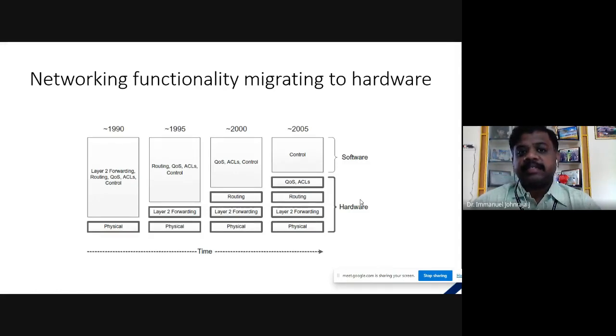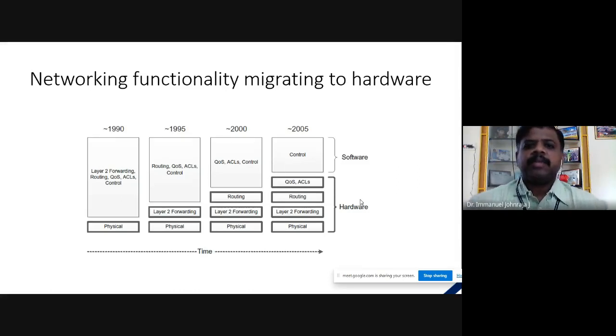During the 1990s, you had only the physical layer working with the hardware, where all the rest were working only with the software. For example, quality of service, access control, routing, switching, all the other decisions of the firewalls and everything were happening in the software, whereas only the connectivity with the physical network was happening at the physical layer.